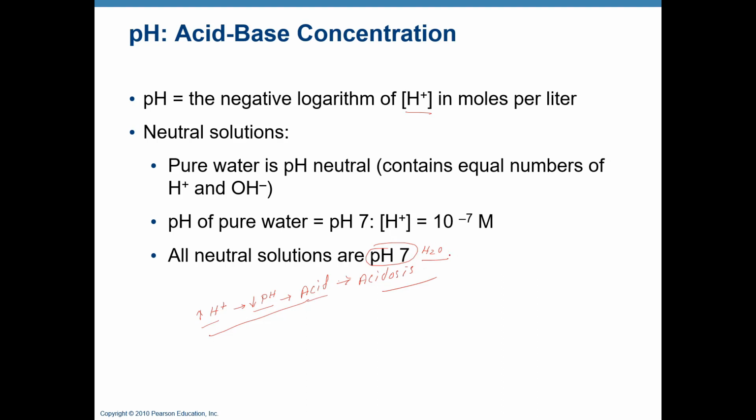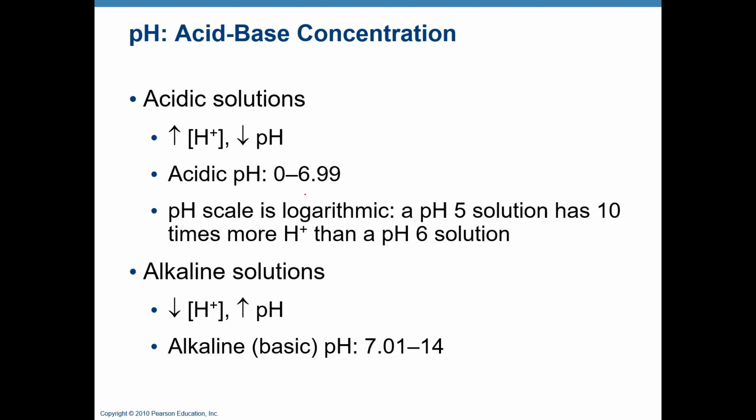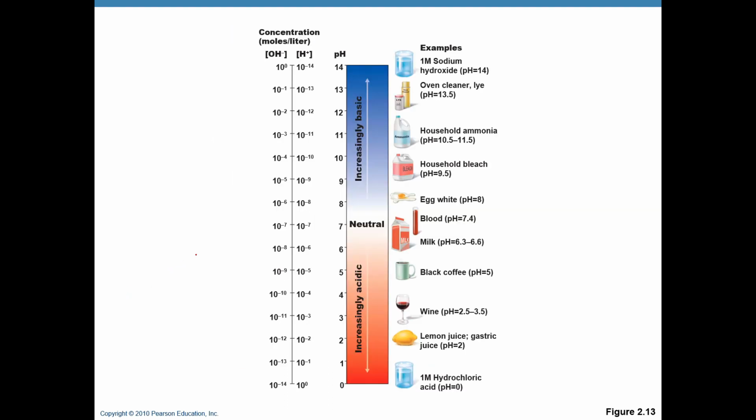If the pH is less than 7.0, that is acidic, and if it is more than 7.0, that is alkaline. So from 0 to 6.99 is acidic, 7 is neutral, and from 7.01 to 14 is alkaline. Here you see the pH meter.